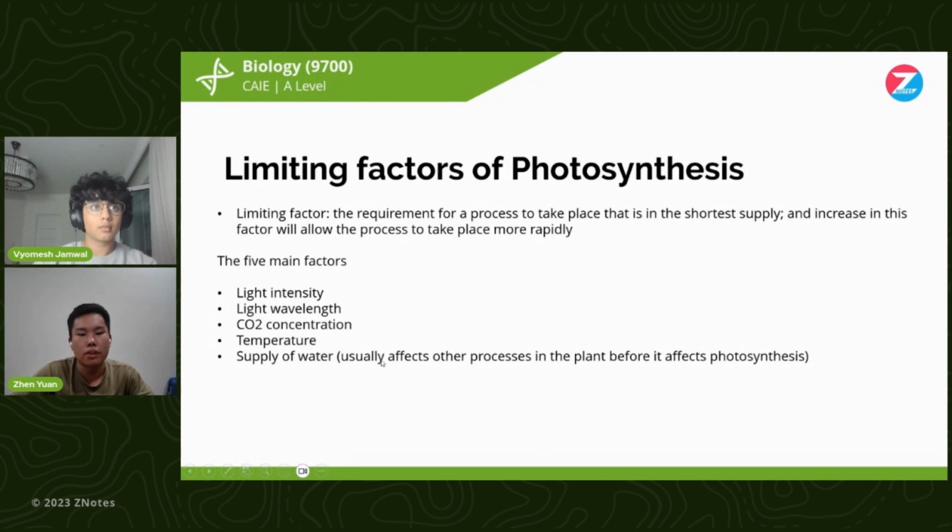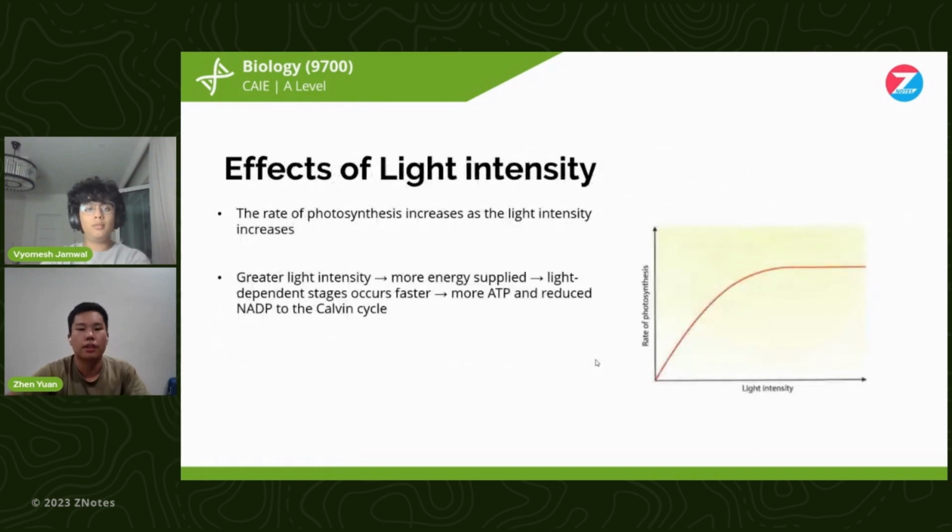But supply of water usually affects other processes in the plant before it affects photosynthesis. And let's take a deeper dive into this. Effects of light intensity. They're very simple. So the rate of photosynthesis, as you can see here in this graph, increases as the light intensity increases, generally, from this point to this point here.